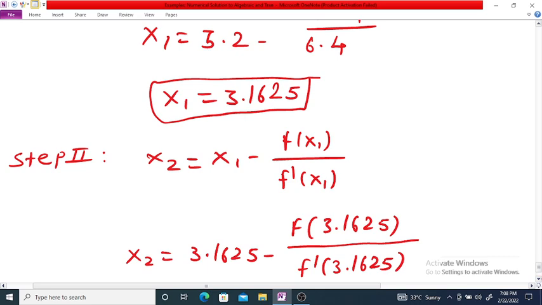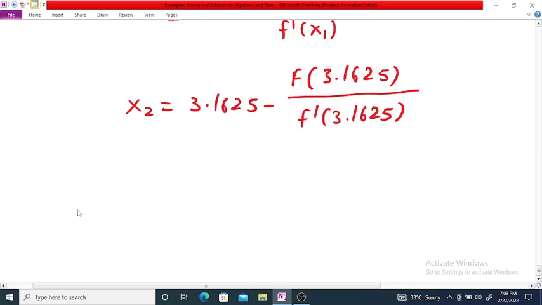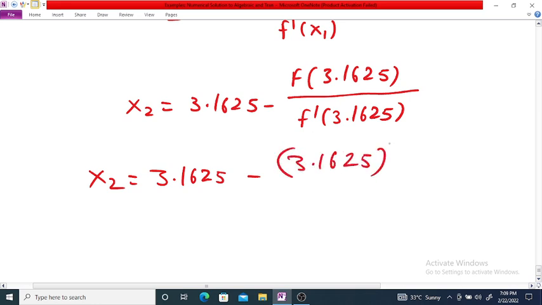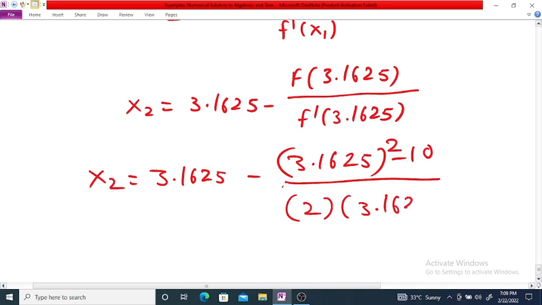So x2 is equal to 3.1625 minus, f of x is x square minus 10 with x as 3.1625, divided by twice x, so 2 into 3.1625.